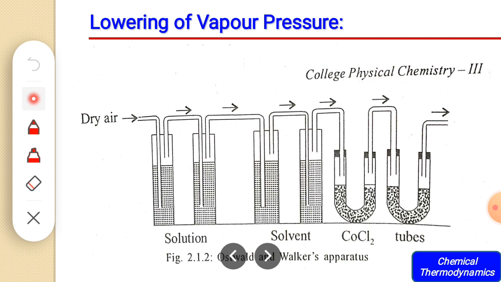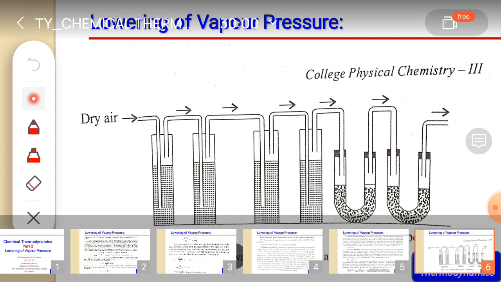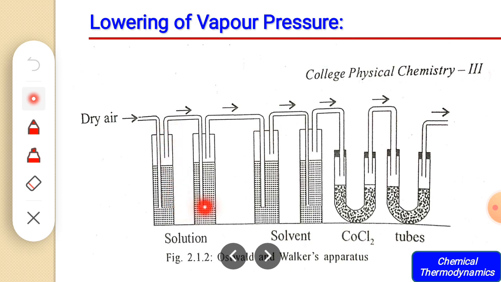Once the dry air is passed through the tube containing the solution, which is prepared in a volatile solvent, the dry air becomes saturated with the vapors of the pure solvent, and definitely there is a loss in the weight of these tubes.